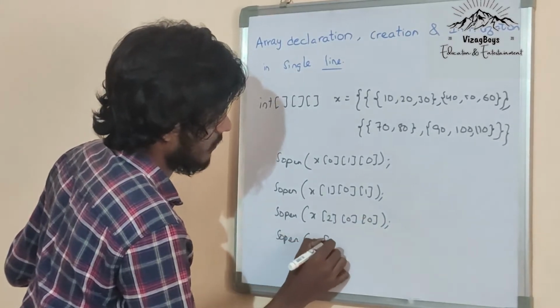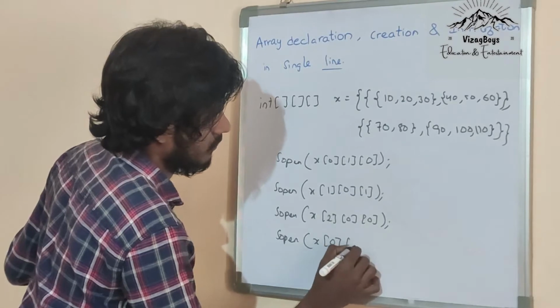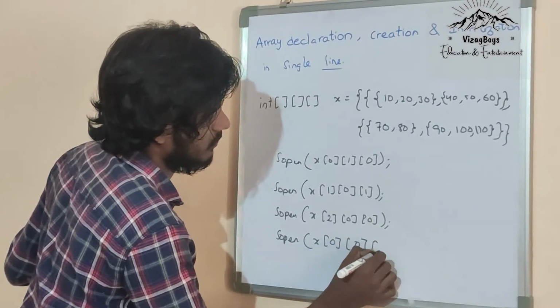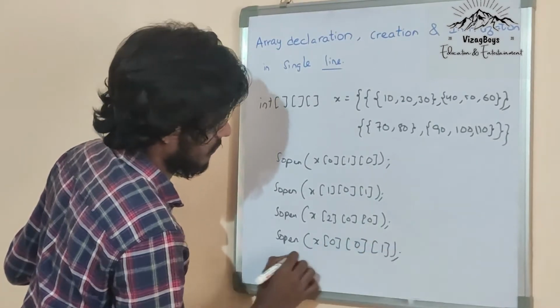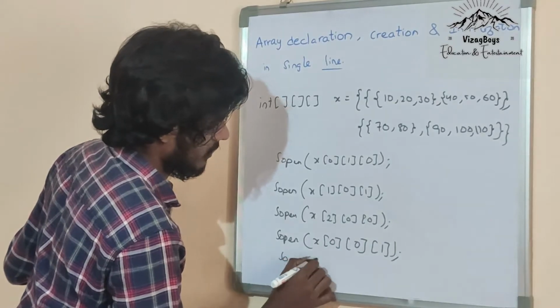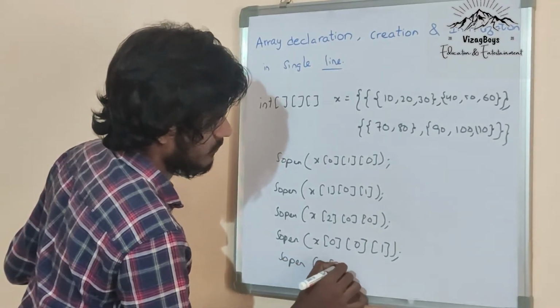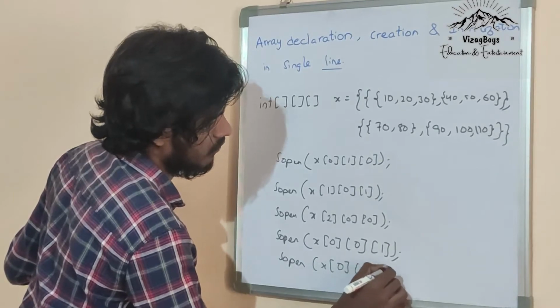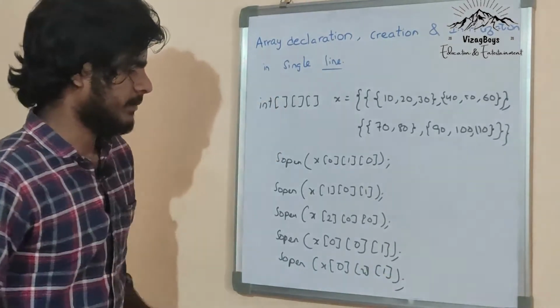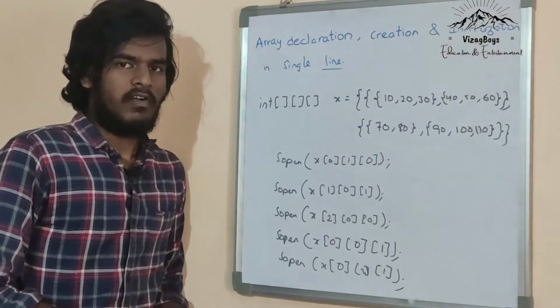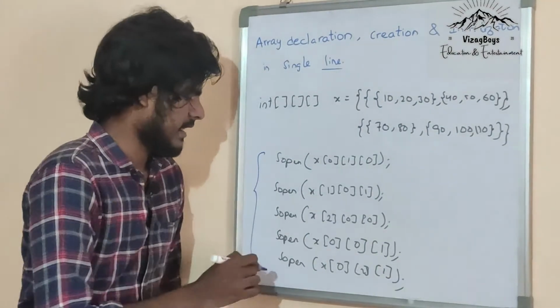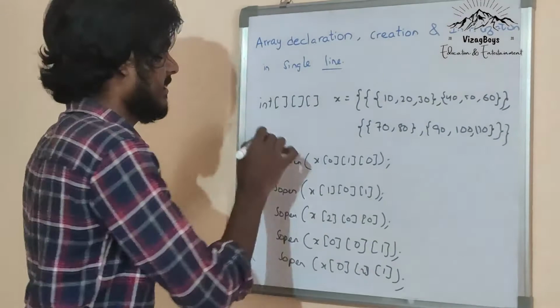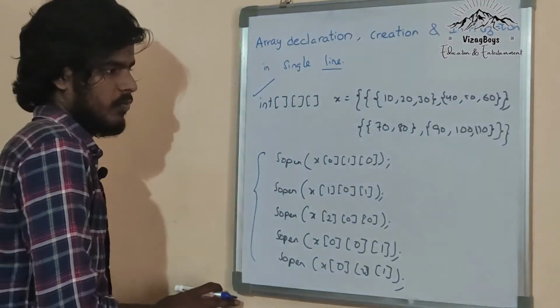SOP x of 0 0 1. SOP x of 0 2 1. Okay, what is the output for these SOP statements? Listen carefully friends, what is the output for these SOP statements?